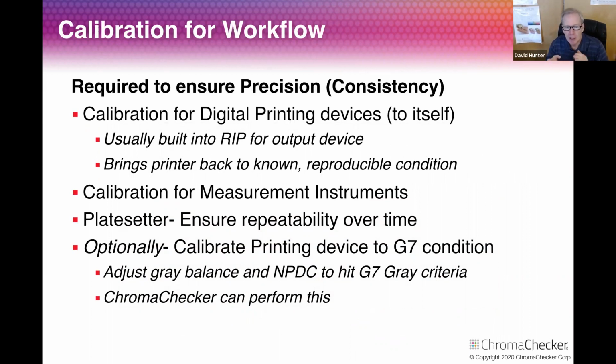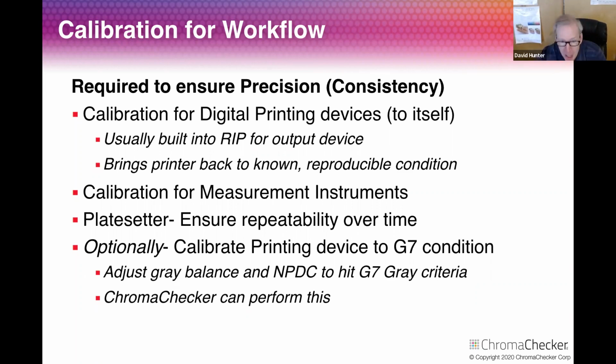And then you need to look at your whole workflow, because all of the devices that you use to work with color should be calibrated. So your printing devices should be calibrated. Most printing devices now have built-in calibration that comes with the digital device.